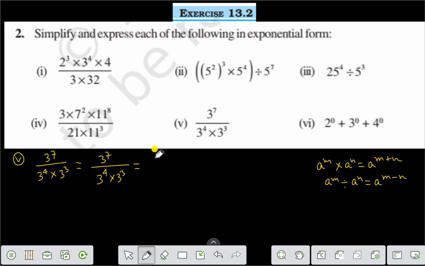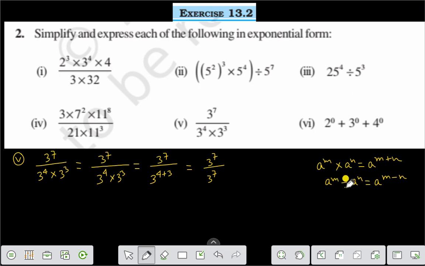Then we are getting 3 to the power 7, and applying the formula a to the power m into a to the power n, we get 3 to the power 4 plus 3, then 3 to the power 7 divided by 3 to the power 7.